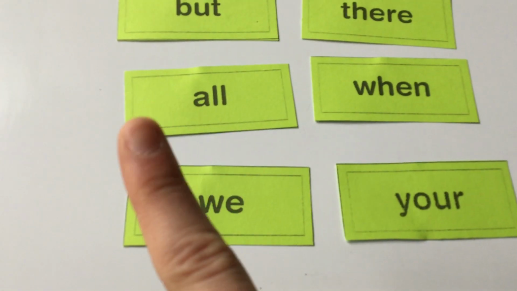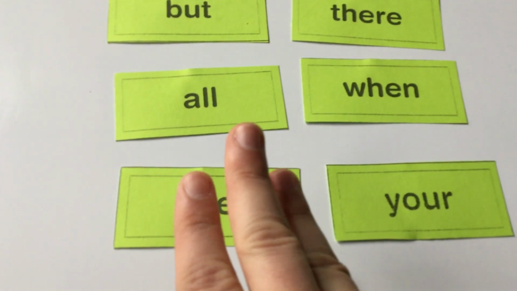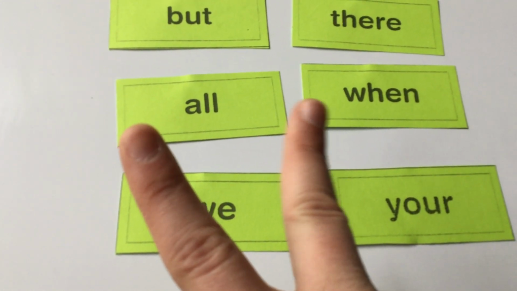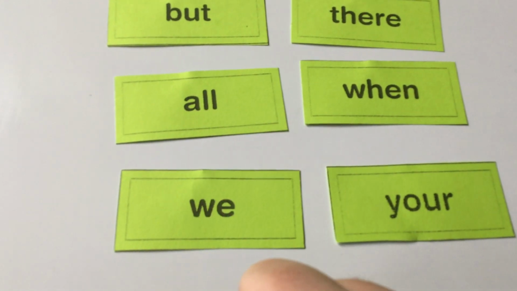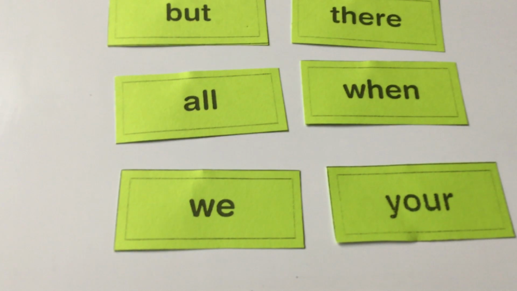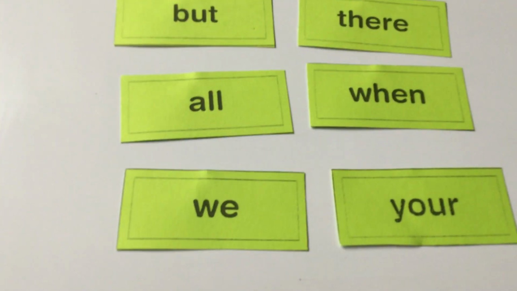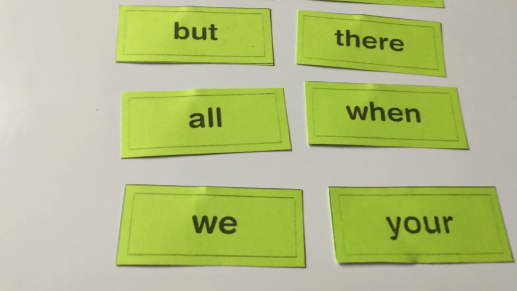A, let's go with A. And then L is actually just the same sound, so we'll just make it one. So A-ol. No, that's not it. How about this one? A-ol. Owl? Not owl. This word is all. Has the ah sound. Well, what alpha friend says ah?